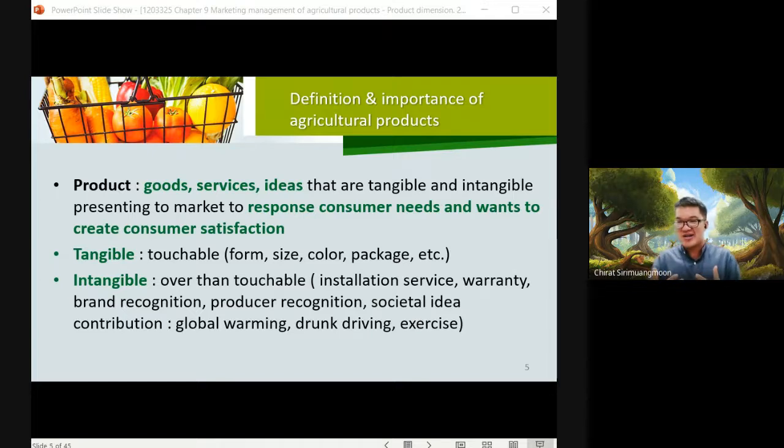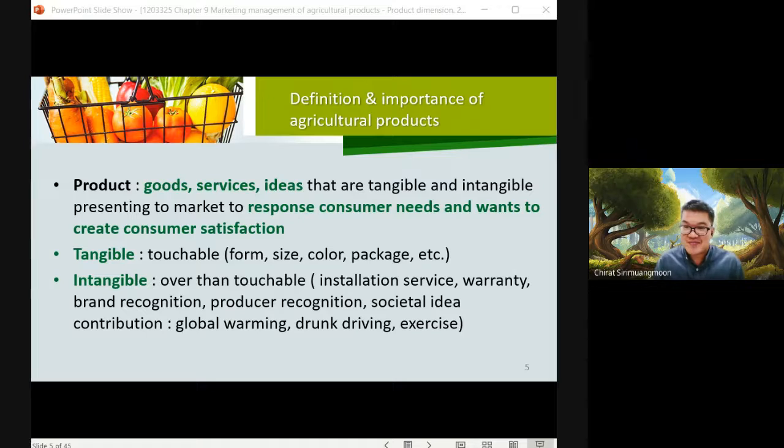Like you see this product and it reminds you of something, not just the product. It's the other things, like how good it is, or the message that they send, which also counts as the product, or product recognition, or societal idea contributions. The things that happen in society that are linked to your products are actually products as well, but they are intangible.